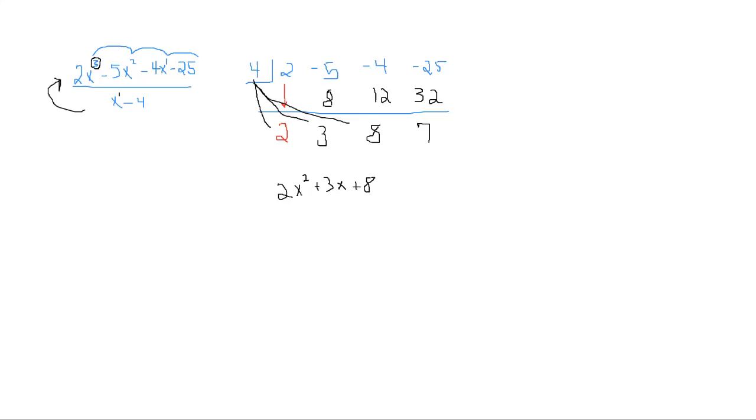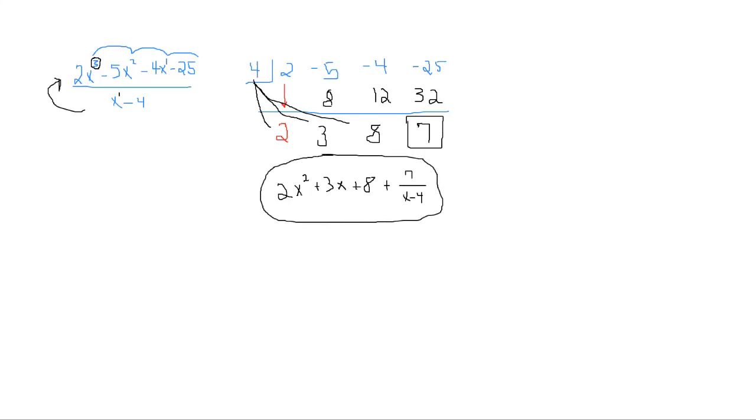And this here is our remainder. So how do we handle the remainder? Well, we just say plus the remainder over x minus 4 because that's what we divided everything by. This is the solution to the problem.